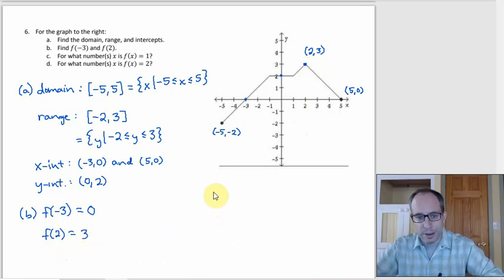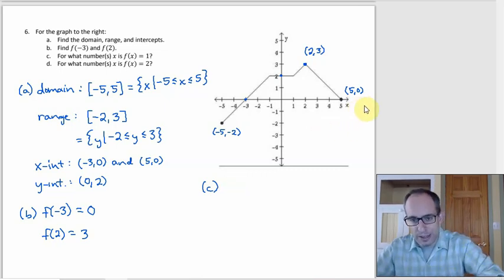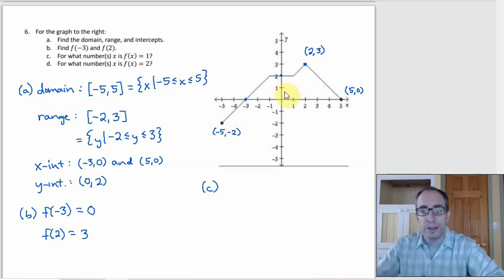All right, then part C, for what numbers x is f of x equal to 1? So on the graph, that would be like saying, if y is equal to 1, what's x? So I'm going to make a dotted line for where, because f of x equals 1, the graph of that would just be y equals 1, right?